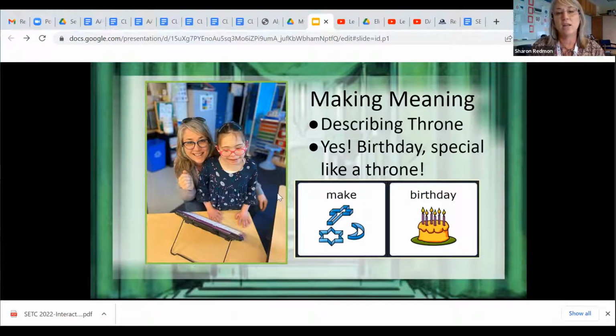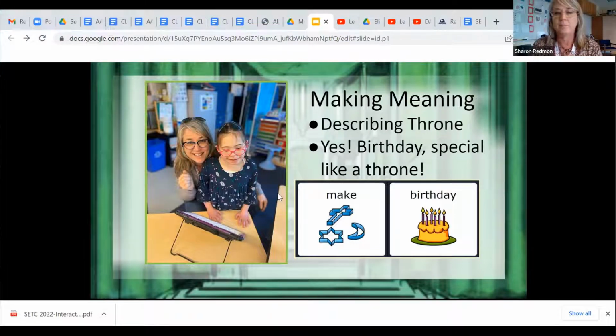So we were talking about describing a throne. We were talking about the Wizard of Oz and how he is sitting on this throne, and that's important. And so let's describe this throne. So we go through our EET tool.